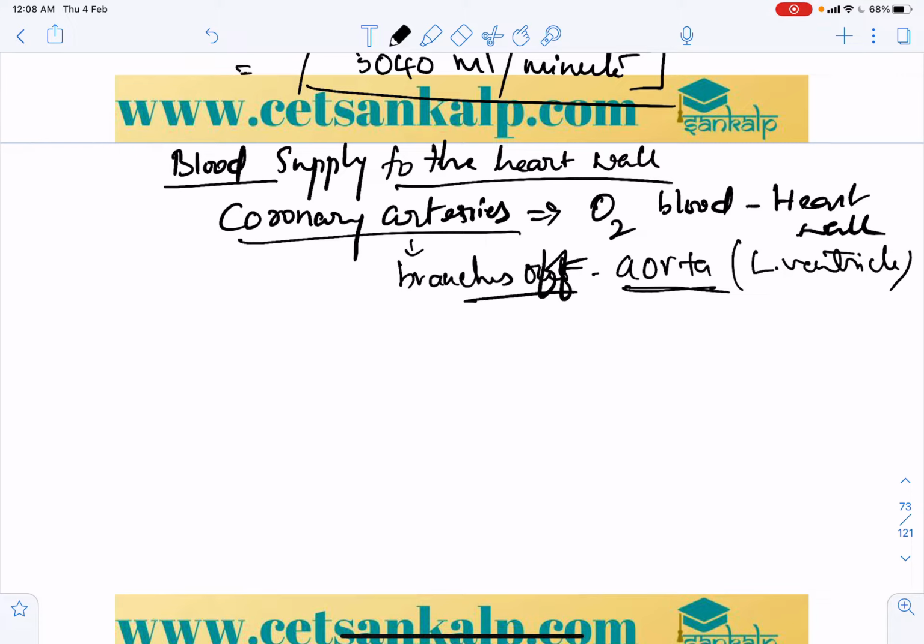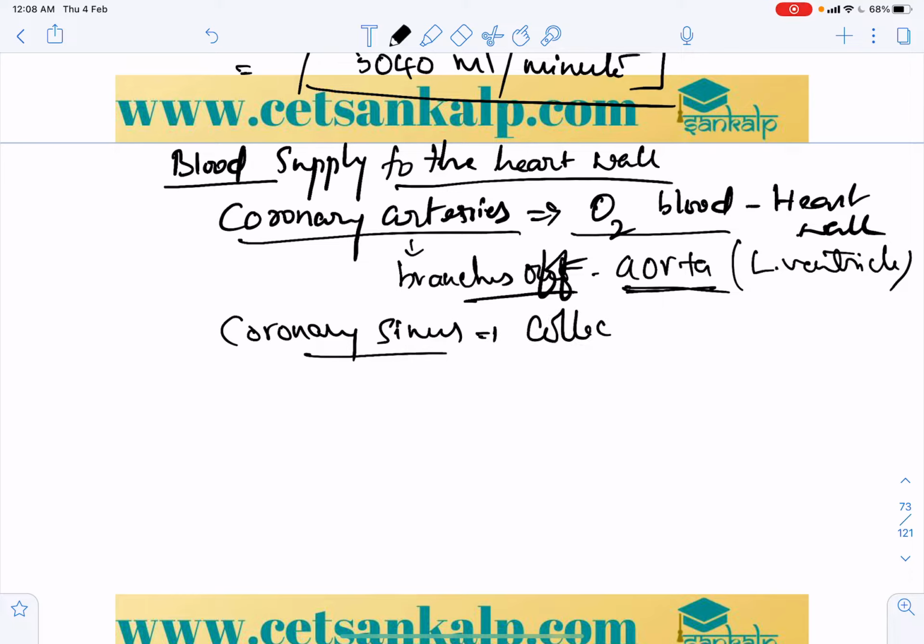Next, the coronary arteries supply oxygenated blood, and the coronary sinus collects deoxygenated blood from the heart wall.